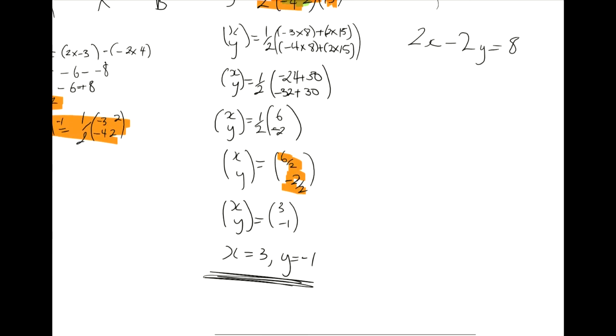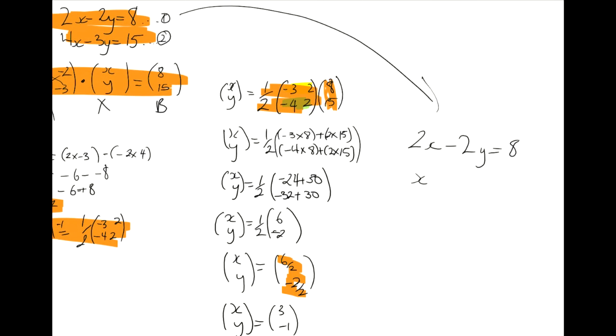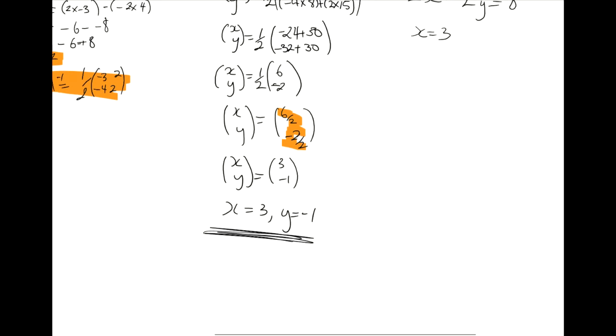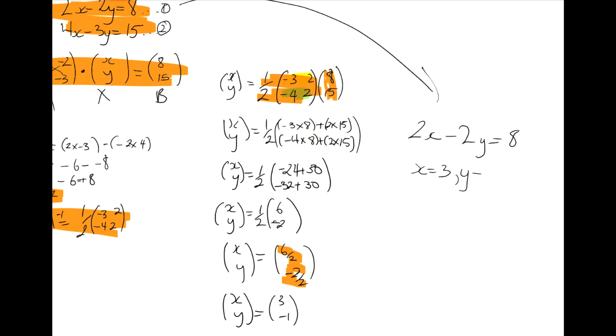Now we just worked out that our x is 3 and our y is negative 1. So instead of writing 2x minus 2y, we can write 2 by 3 minus 2 by negative 1 equals 8. Now to test to make sure that 3 and negative 1 are both correct, what we have to do is work on this left hand side.